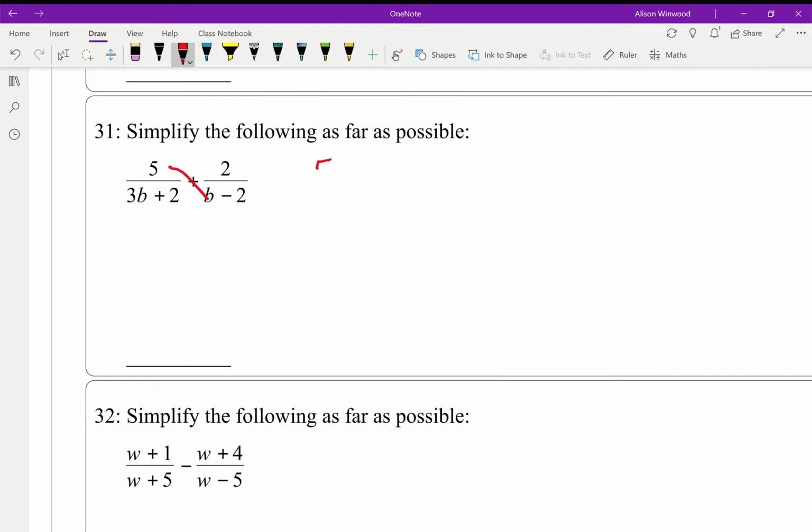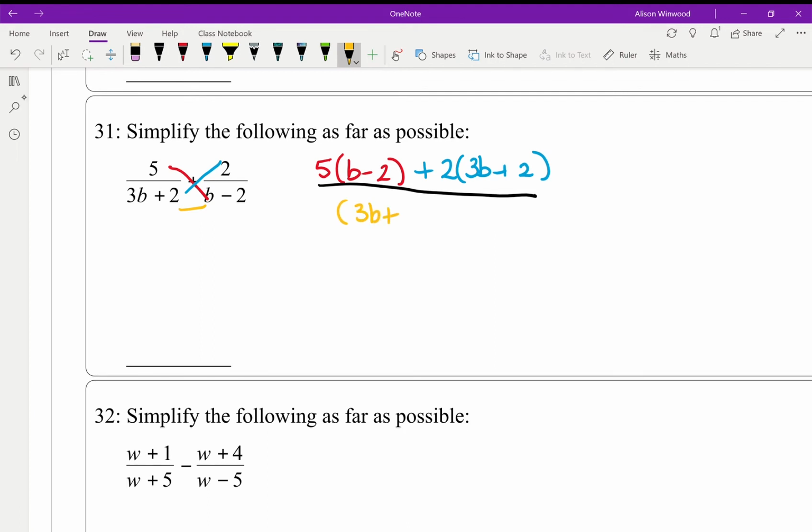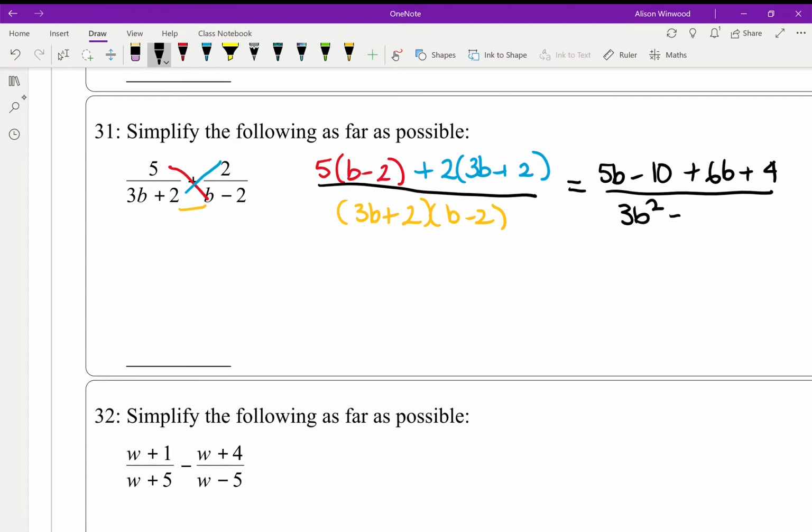28 over 30 is 14 over 15e. Cross multiply, straight multiply, expand all the brackets, and simplify.